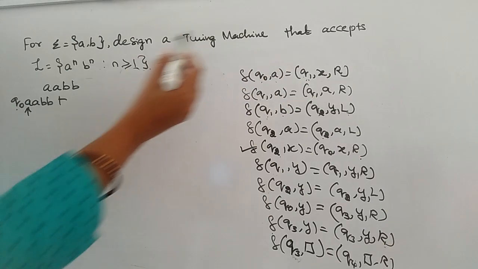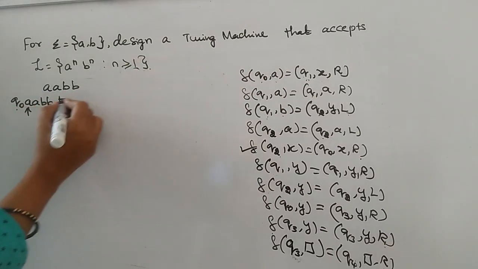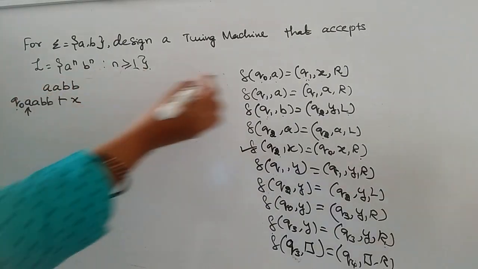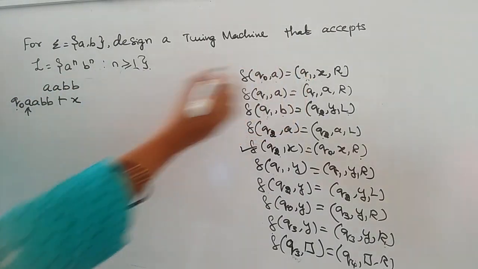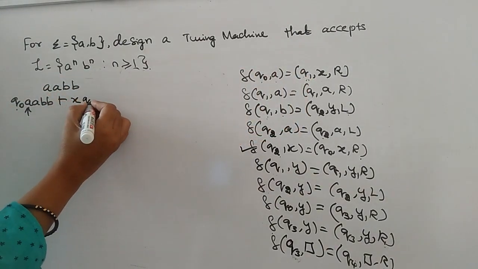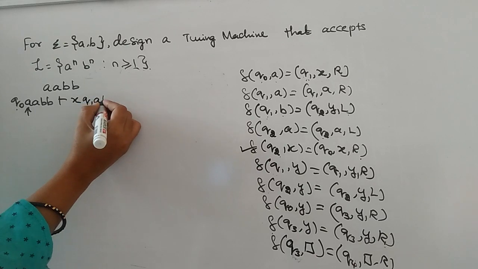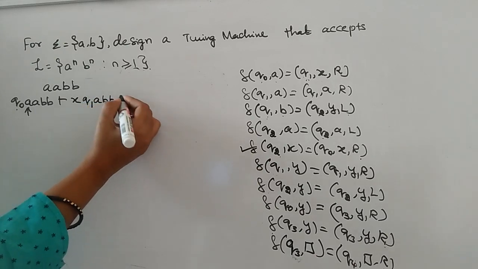Q1 comma X comma R. So here this A will be replaced by X and the machine is shifted to the state Q1. So here we can write Q1, and the rest of the string needs to be processed. You can write it on the right hand side.